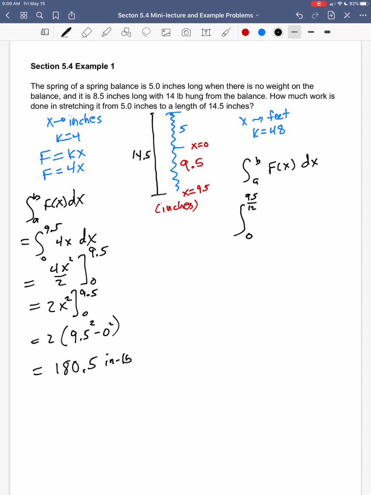And my force function now is 48x dx, right? So my F is still kx. So F is 48x. That's where that came from. And I don't like 9.5 over 12. I'm going to multiply top and bottom by 2. That's going to give me 19 over 24.